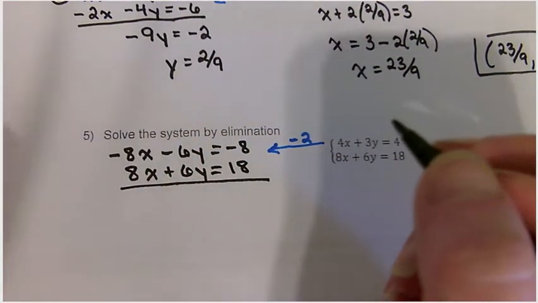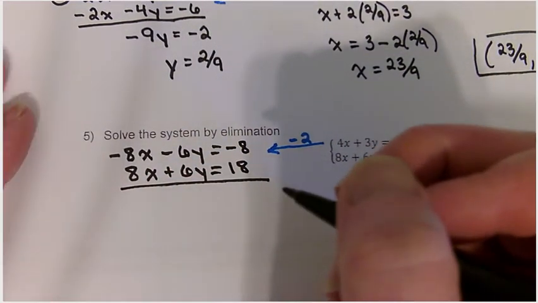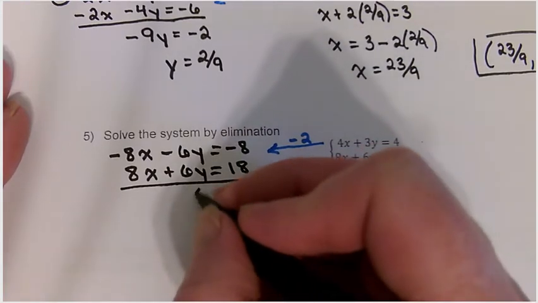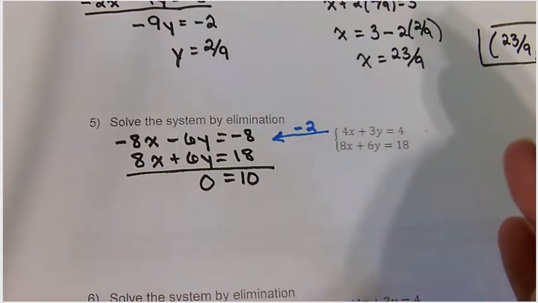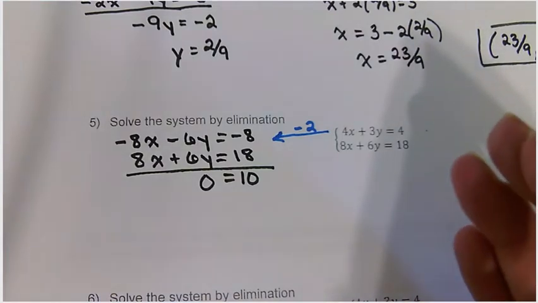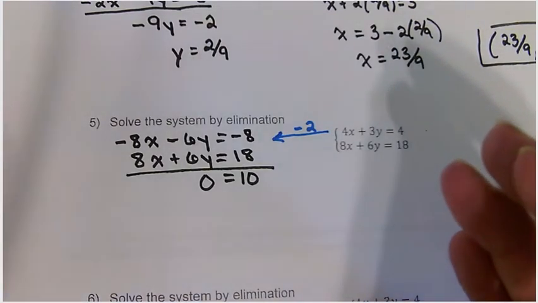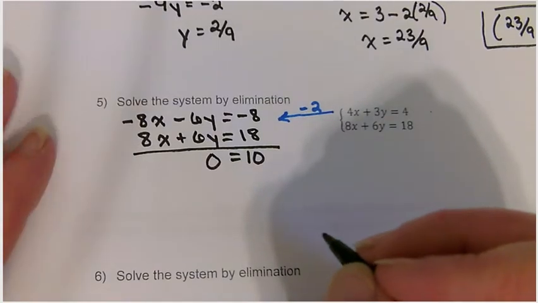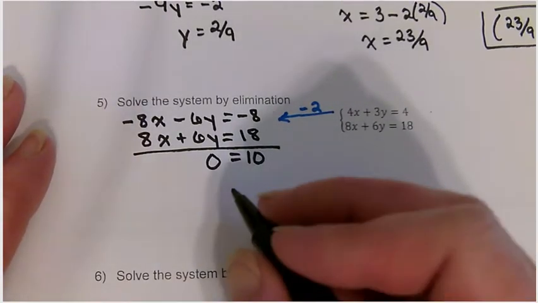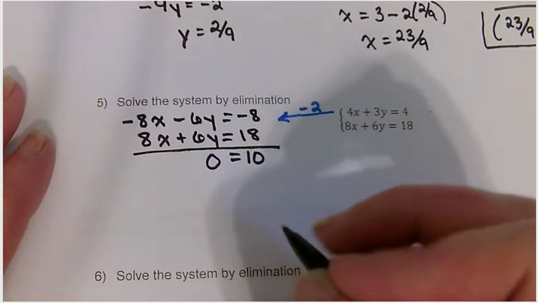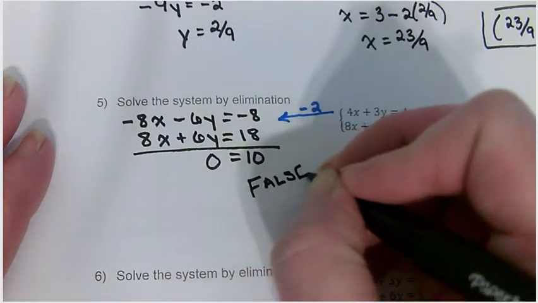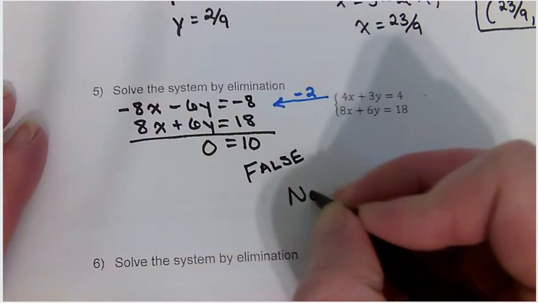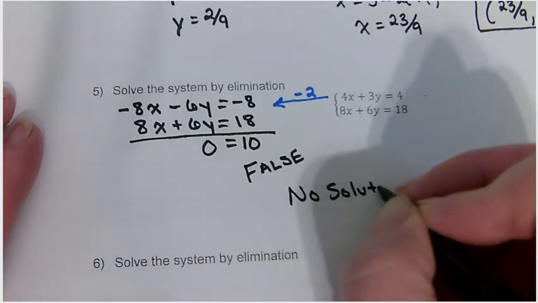But something weird happens on this one. When I add these together, I end up with 0 equals 10. All the variables disappeared. That means it's one of those two special cases. And the way I decide which case it is: is the statement I'm left with true or false? Well, this is false. 0 does not equal 10. So that means there is no solution.